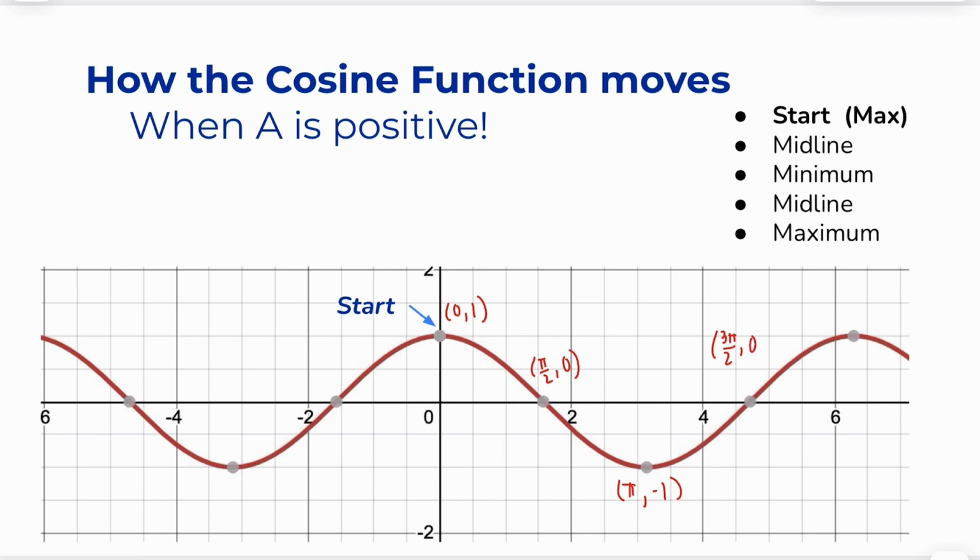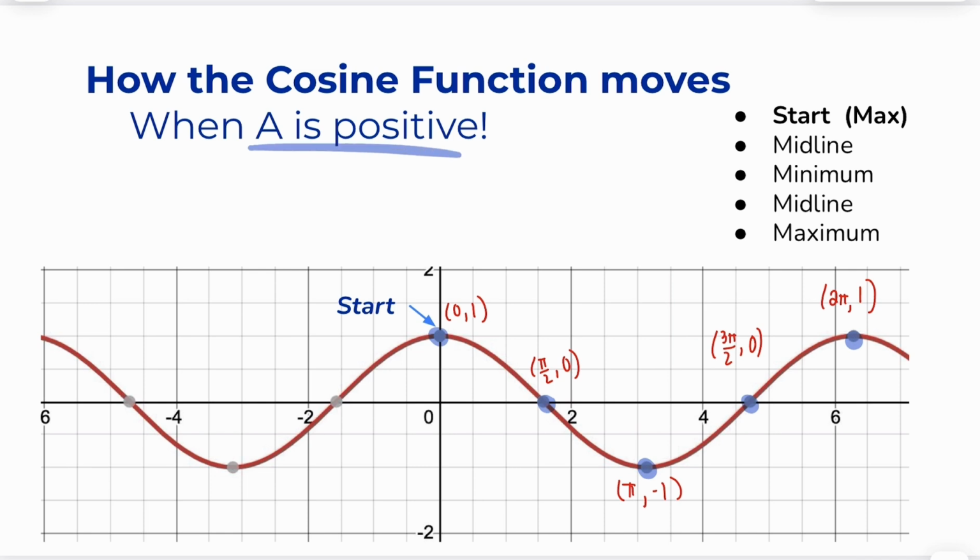The cosine of 3 pi over 2 is 0. And the cosine of 2 pi is 1. So these are the 5 points that I'll sometimes refer to kind of as our critical points, our important points, when we're graphing cosine. And that's going to happen when A is positive.